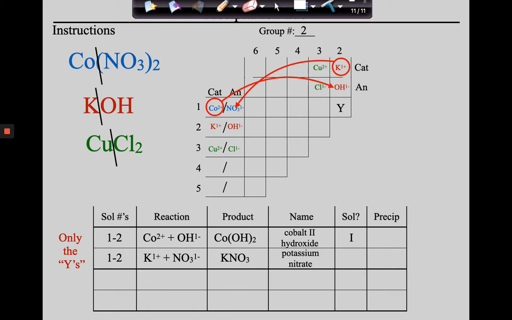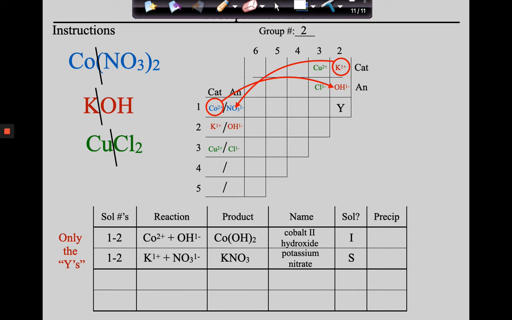So looking up the solubility of cobalt-2 hydroxide, what letter do you see? Looking up cobalt-2 hydroxide, you see an I. And guys, looking up KNO3, potassium nitrate, you should see an S. So what then does this mean? And guys, the answer is this.